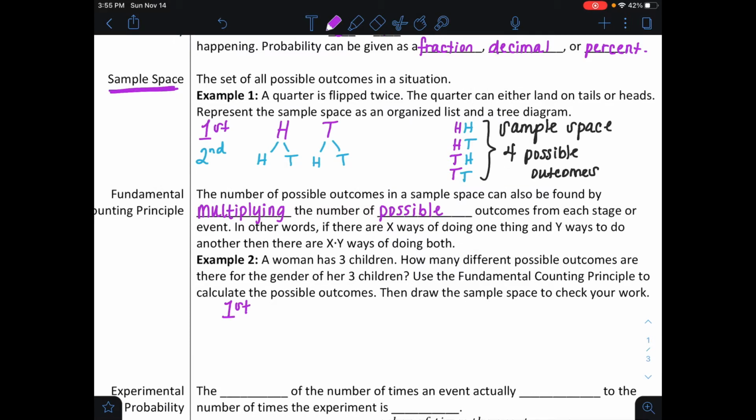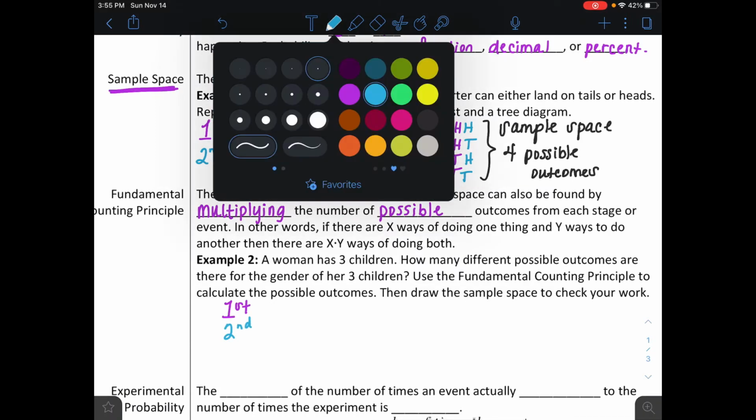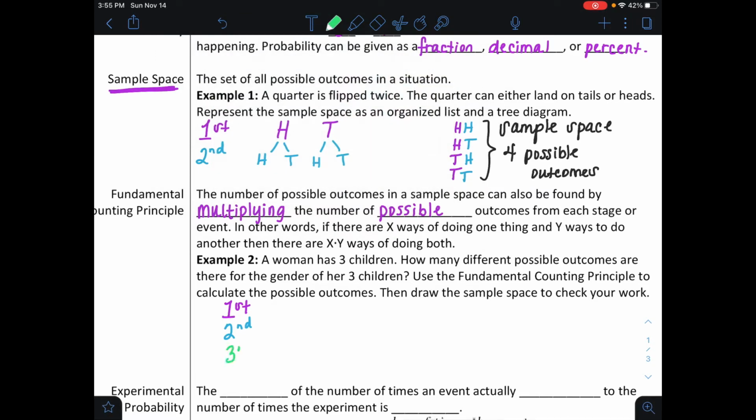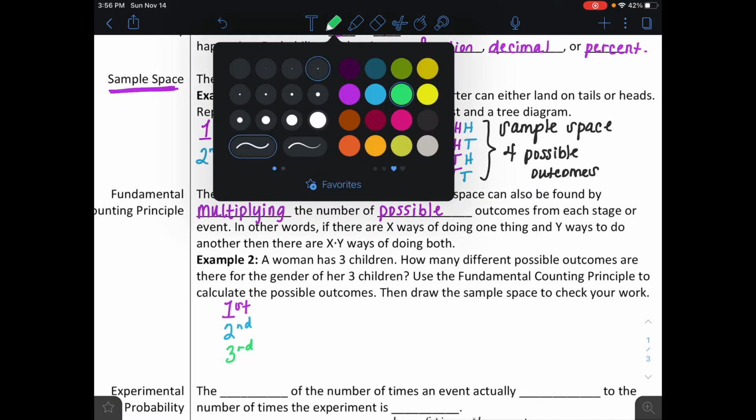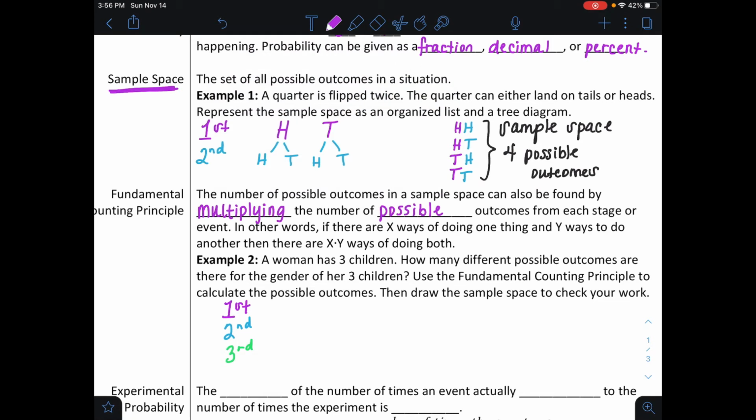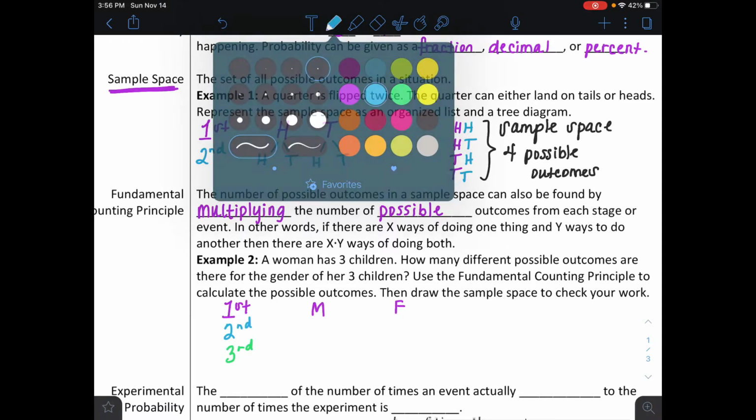So we have the first kiddo, the second kiddo, and the third kiddo. The first kiddo can come out as male or female, and that would be 2 possible outcomes.